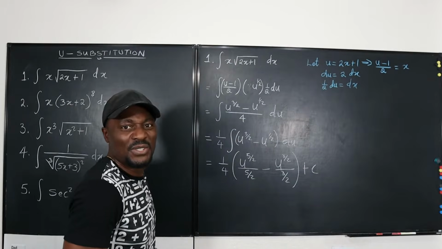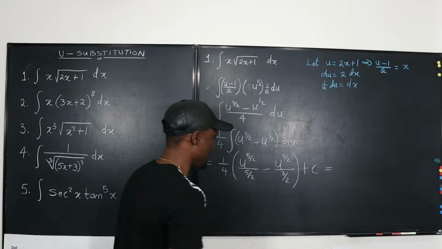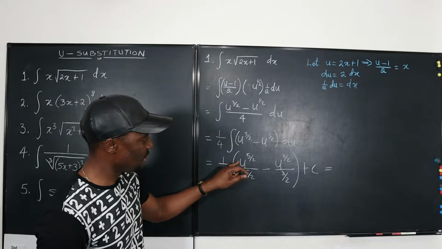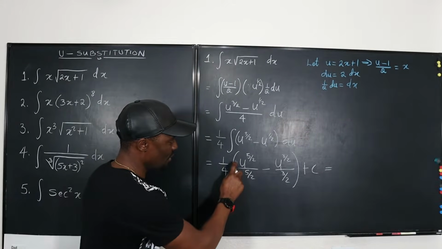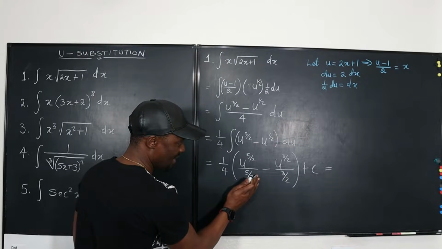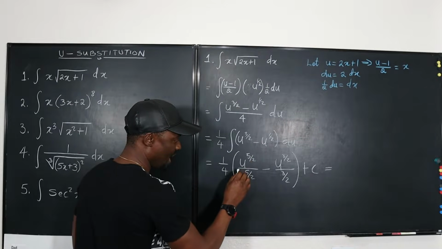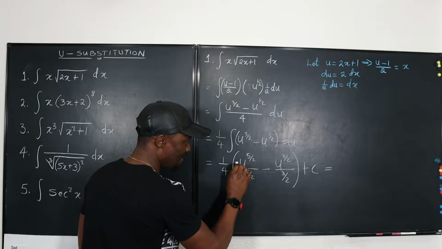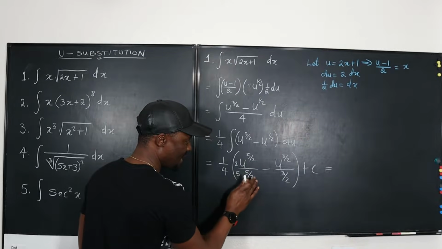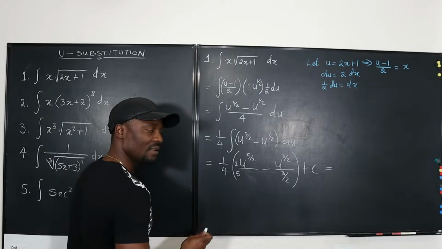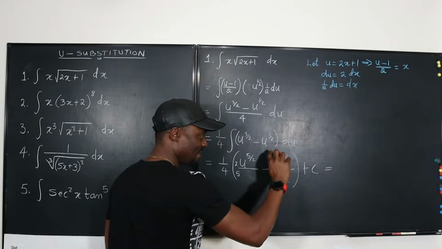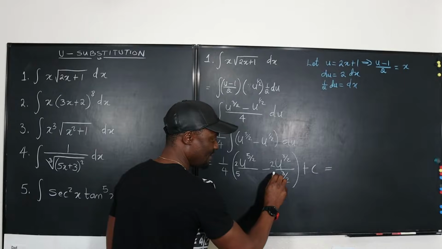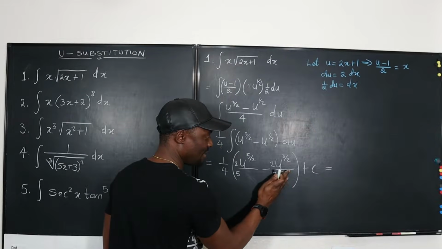Okay, the next is just algebra. Let me see what we can do here. Now, if you flip this, this is going to be 2/5. So there's going to be 2 here, so I can rewrite this as 2/5. Put 2 here, put 5 here, and get rid of this. The same thing, I'm going to put 2 here, flip it, put 2 here, and leave 3 behind, and get rid of this.